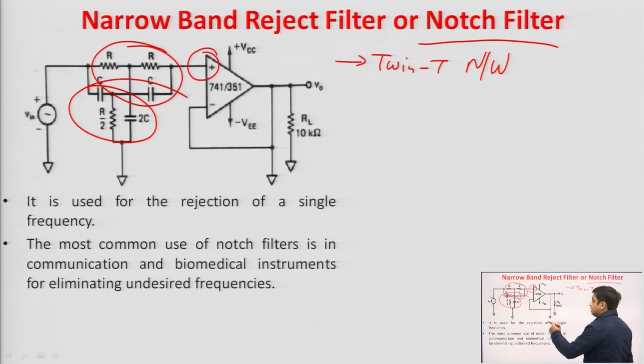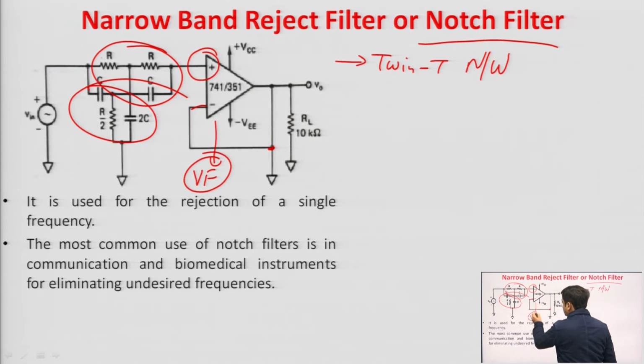You can see that the inverting terminal is connected to the output, there is no feedback resistor. So, it is a voltage follower. So, this is the application of non-inverting configuration, and the advantage of this non-inverting configuration is it provides high input resistance. So, loading effect is very less, that is the advantage of the active notch filter over passive notch filter.